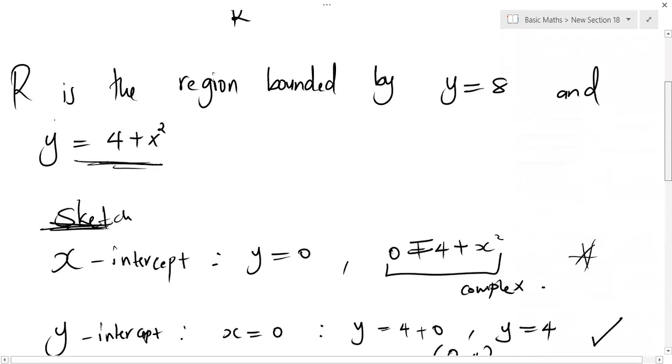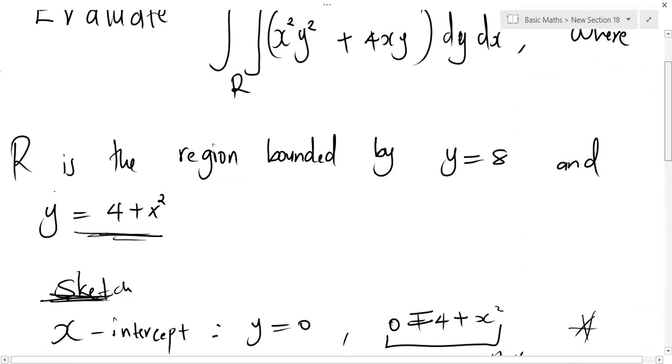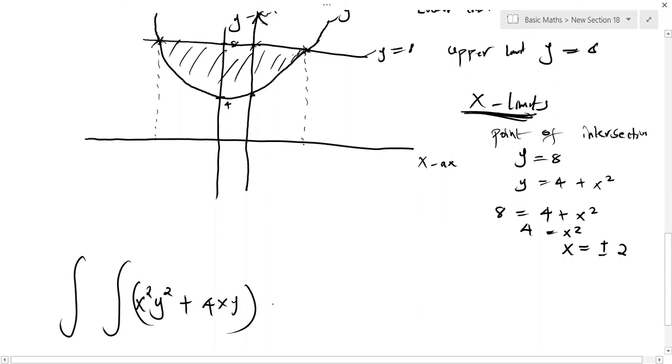So coming back to our question here, we're going to rewrite the region, double integral. So we're going to have x squared y squared plus 4xy, differentiating with respect to y and then with respect to x. Now, what are the limits for y?